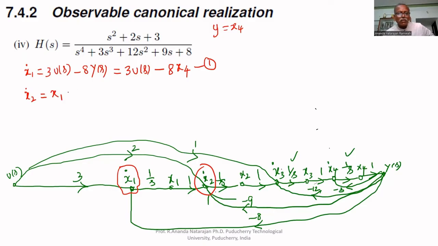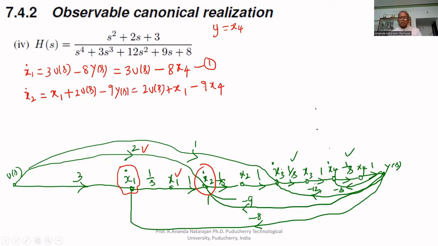Second equation, from here we can write x2 dot equal to how many x1? 1 x1 plus 2 times u of s, and minus 9 times y of s. That is equal to 2 u of s plus x1 minus 9 x4, because y of s equal to x4.